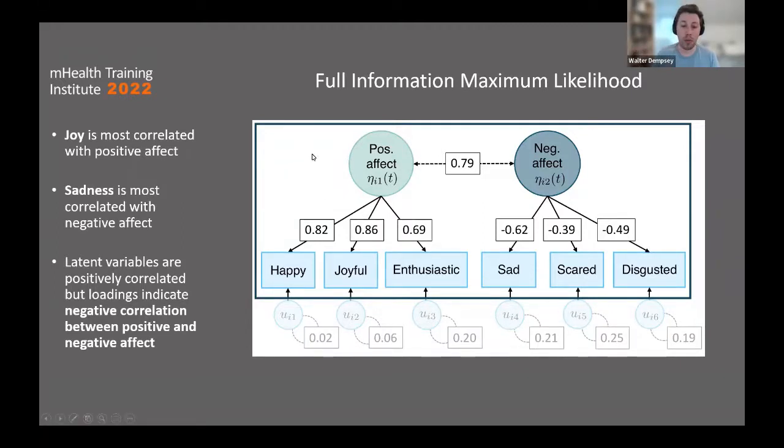Just to talk about what the results are in this simple example: if we feel comfortable with missing at random and I use a full likelihood method, I can say that joy is positively correlated with positive affect, which makes sense, and that positive and negative affect are negatively correlated. So over time, as positive affect goes up, negative affect will go down.